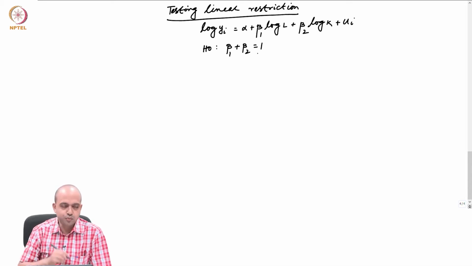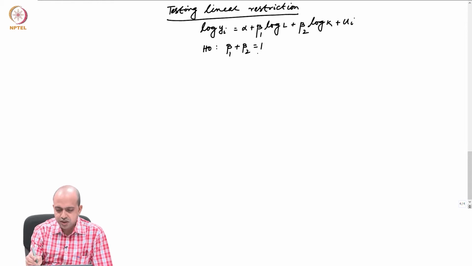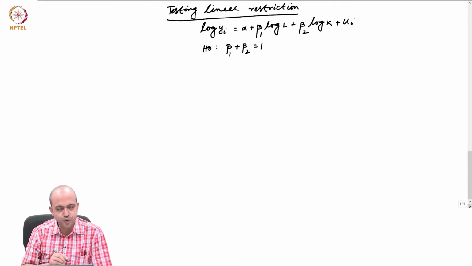Now, what is the meaning of this? Once again, we need to understand that this is testing the validity of a linear restriction. Testing validity of linear restriction means, let us say beta 1 plus beta 2 equals 1, that is what we are going to test.